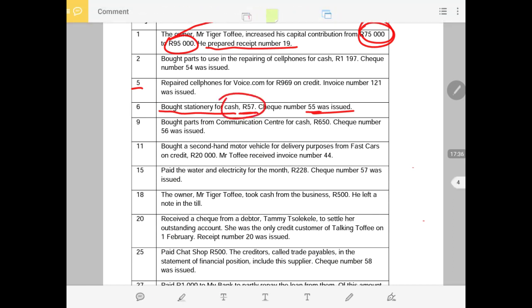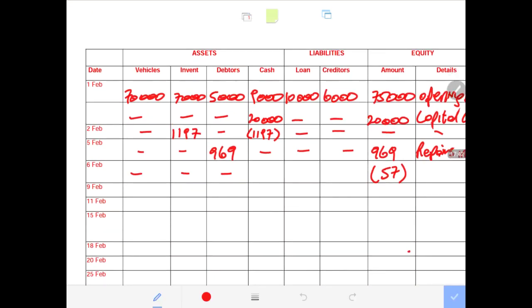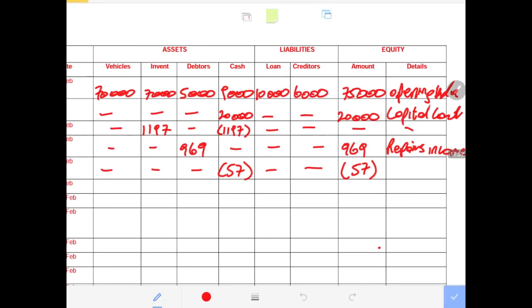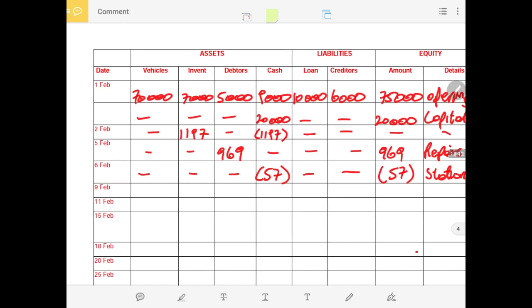So the minute it is cash, our bank account must be affected negatively, because money went out of the bank account, and this amount was 57 rands. Then under details, because stationery is an expense, the explanation will be stationery expense, or even if you just say stationery, that will indicate that it is an expense. Then we have recorded the stationery on the 6th day of this month.